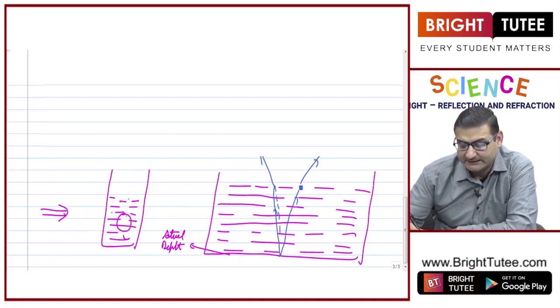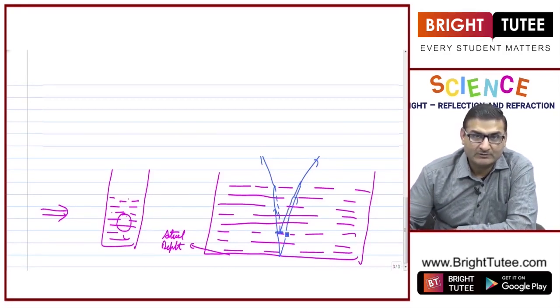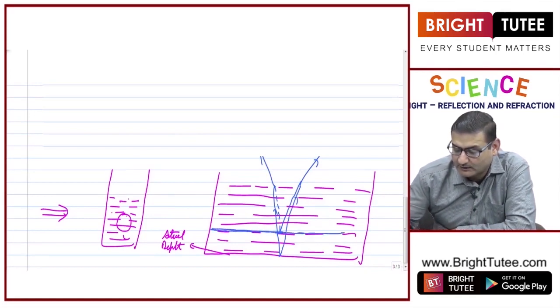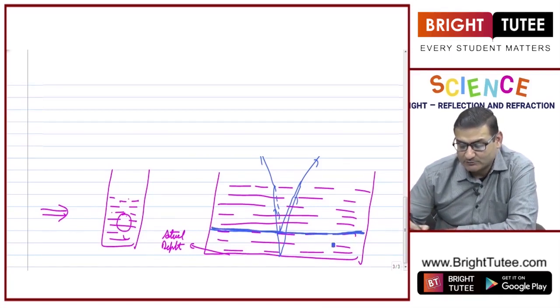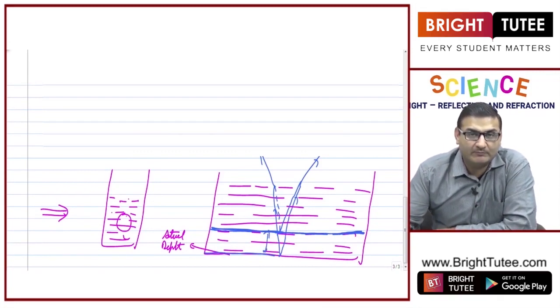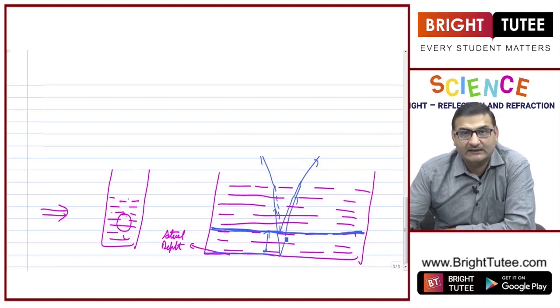When we extend these, the image will be formed here. So for us, the apparent depth, the depth which will be visible to us will be this, and the actual depth was this. So there is a difference between them, and we say that swimming pools are deeper than what they actually appear to be.